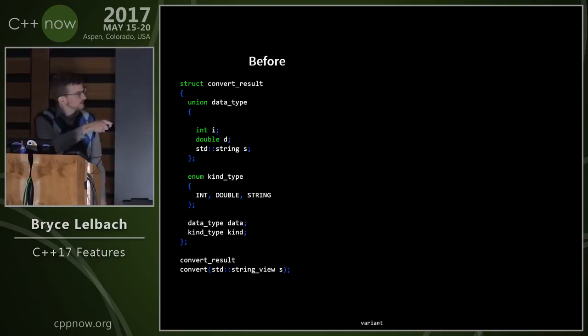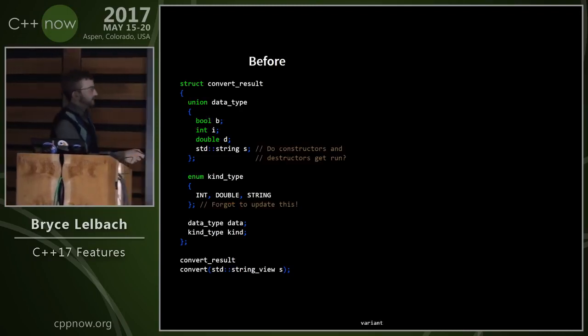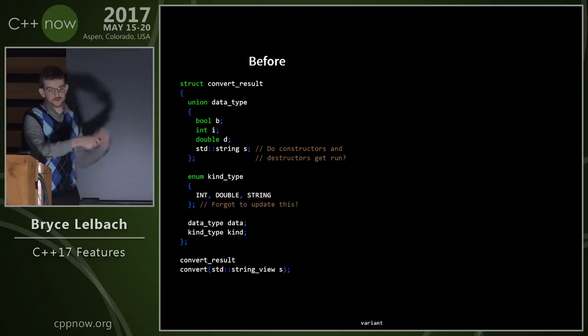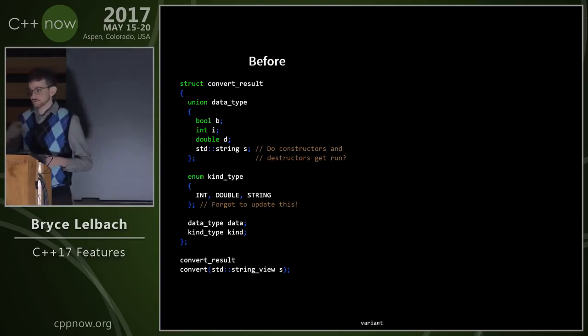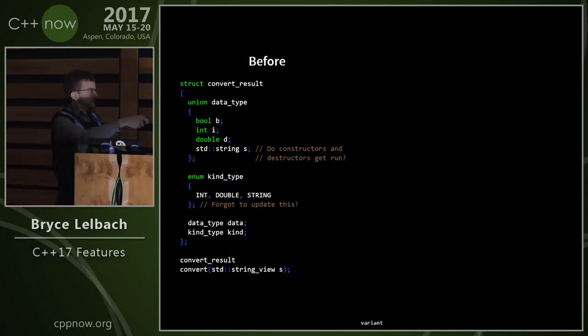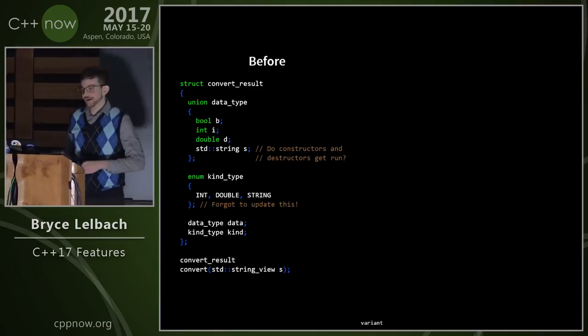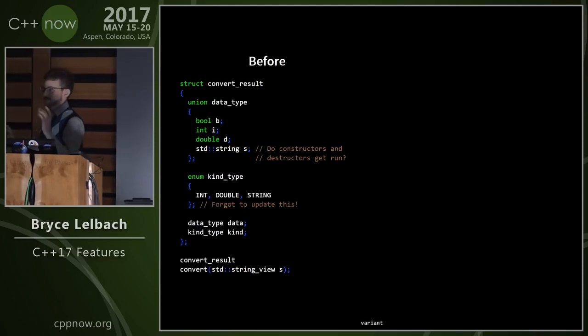If you want to do it using a union, union is not great for this. You need to maintain whatever state this thing is in separately from the union. And that's very error prone. What if you keep adding things here and you miss one of them, and then you're in trouble. And also union is not great with things that are not built-in types.